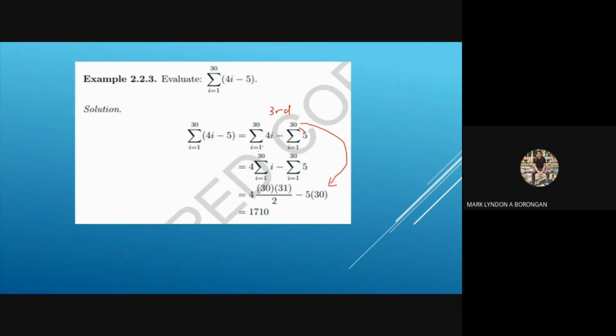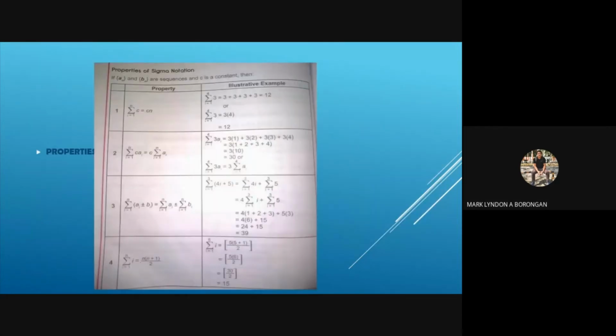Next is the first term. We apply property 2, which isolates the constant. So you get 4 times the summation of i from 1 up to 30. Then we go to the first property.